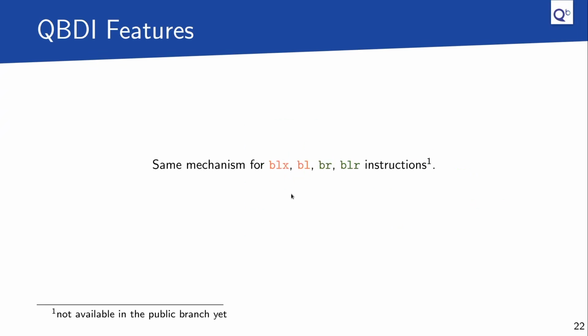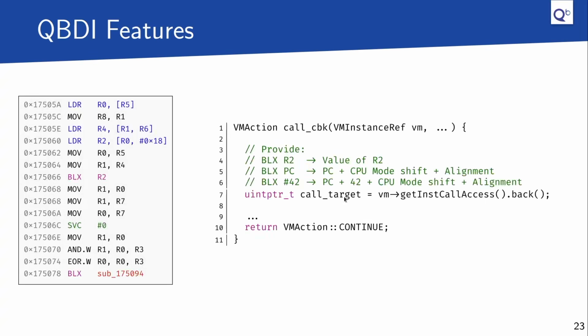We have the same mechanism for branch instructions, so BLX, BL for ARM, or BR and BLR for ARM64. And basically, if, for instance, you want to know the value of R2 associated with this branch, you can just access this value through the instruction analysis and back.